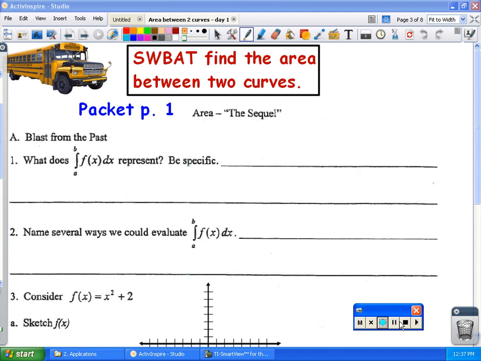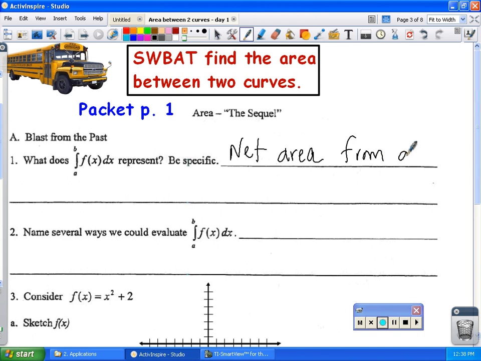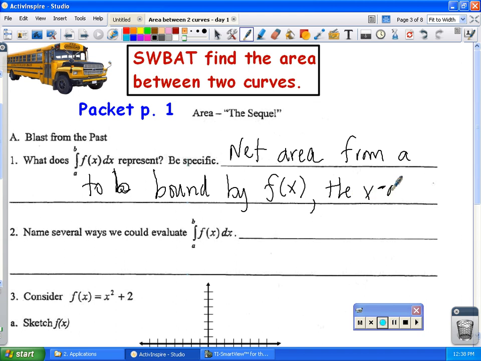Well, we all know that that represents the net area, because it could collect some positive area and some negative area. So it is the net area from a to b, bound by, and I'm being very specific, f of x, which is the curve, the x-axis, and a and b.